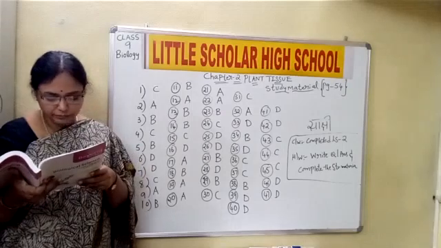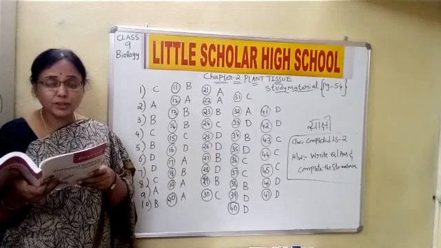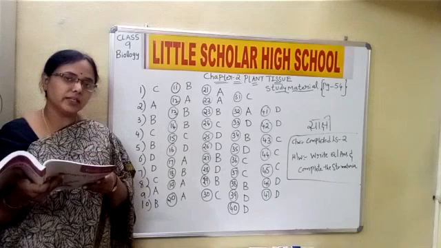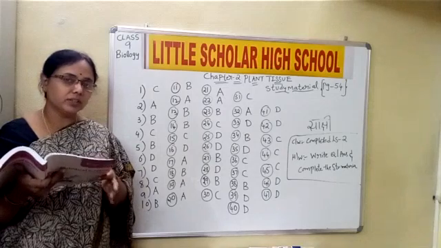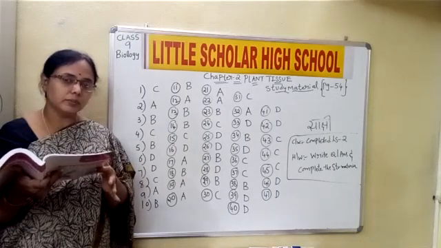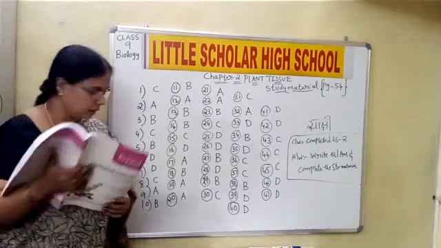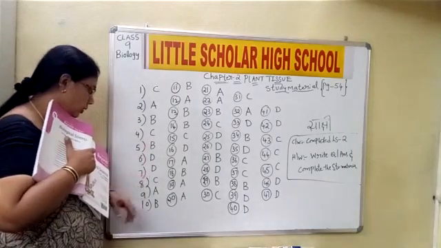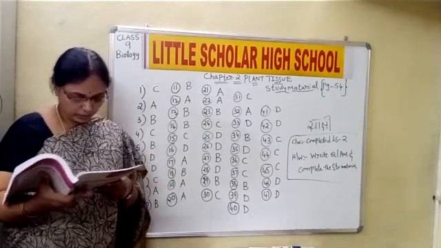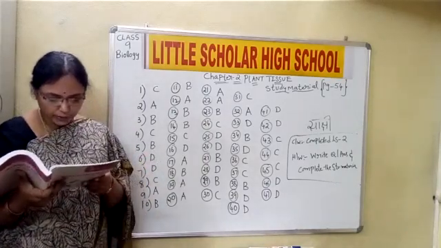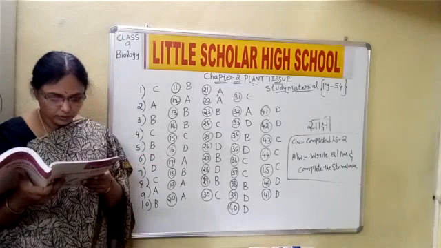Seventh one, parenchyma is richly found in hydrophytes because they need to withstand the water currents and all. If they are heavy, they will not be able to float on the surface of the water. So seventh D, children. Eighth one, which of the following elements is not present in xylem?